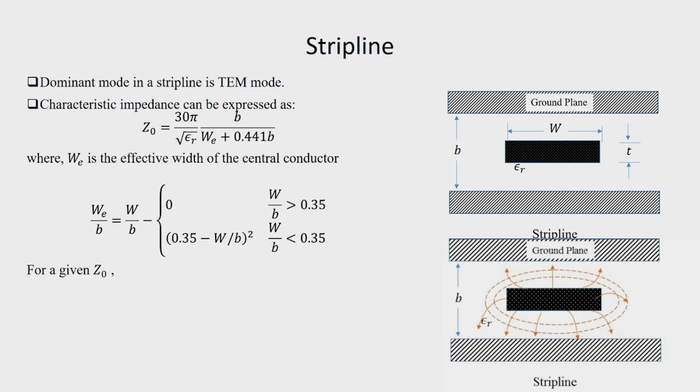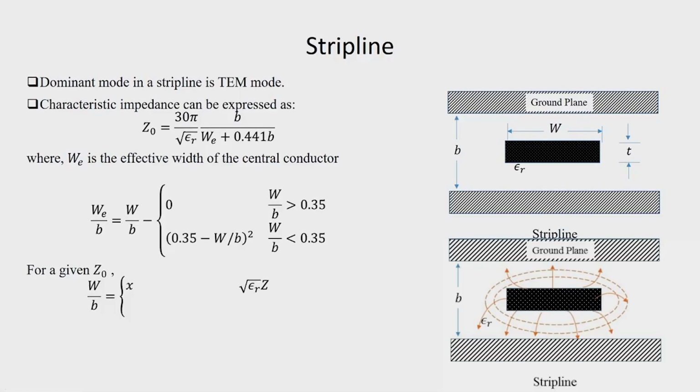Otherwise, many a times our requirement is that we know what should be the characteristic impedance, and we need to design the strip line structure for that, providing that Z naught. So, we have given Z naught.